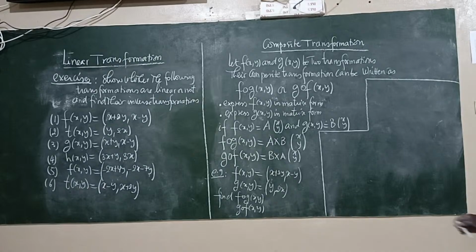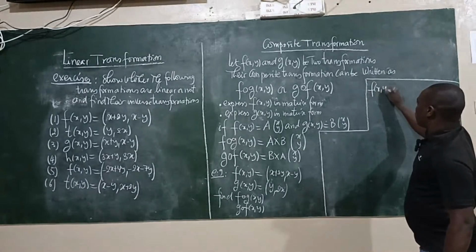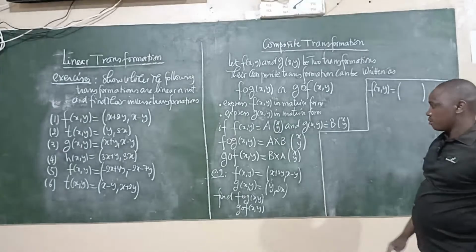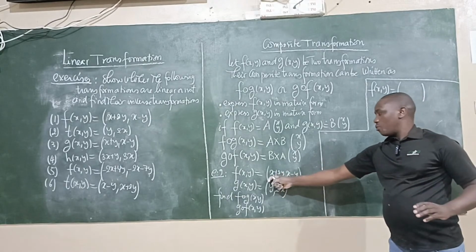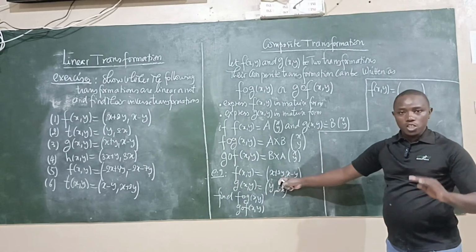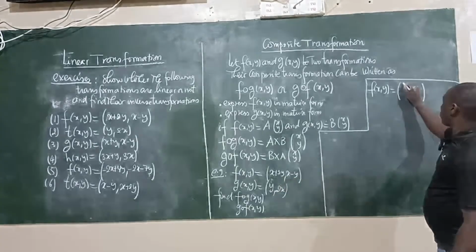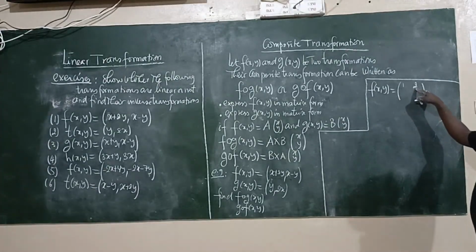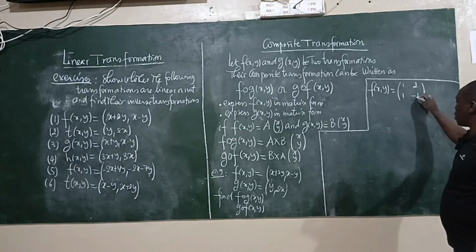Now we can write transformation f in matrix form. As we saw, we take the coefficients of x and y, where this becomes the first row and this the second row. Here the coefficient of x is 1, the coefficient of y is 2. Now the second one, the coefficient of x is 1 and the coefficient of y is minus 1.